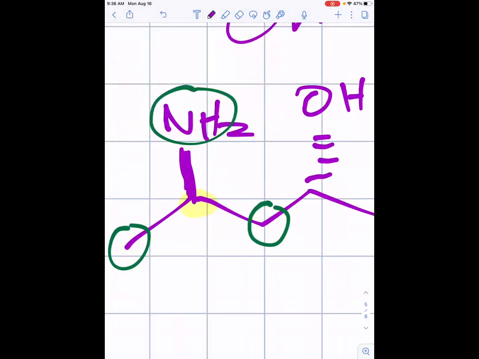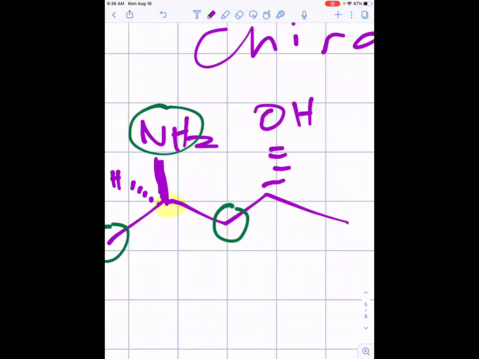That's very important. Anytime you don't see another atom on that carbon and it has a wedge or a dash, the other atom is always assumed to be hydrogen, and it's pointed back. Just like on the other side, on the wedge, I have an OH group. So what does that mean?